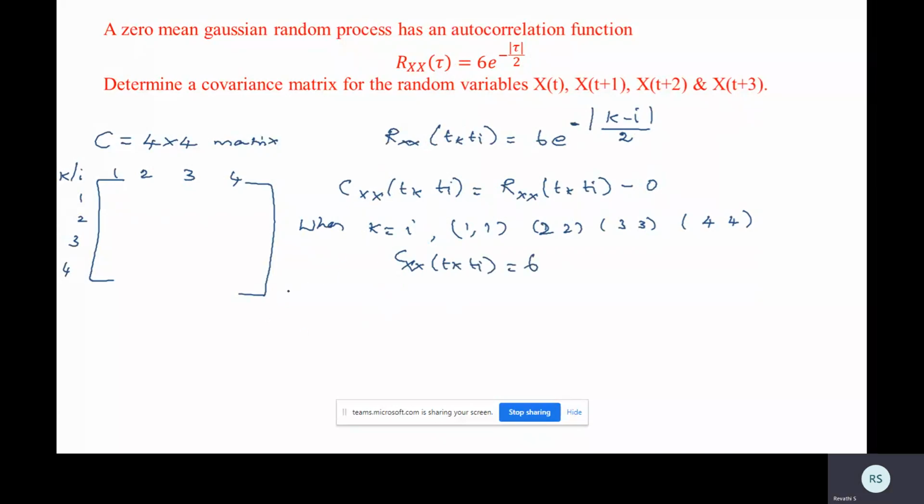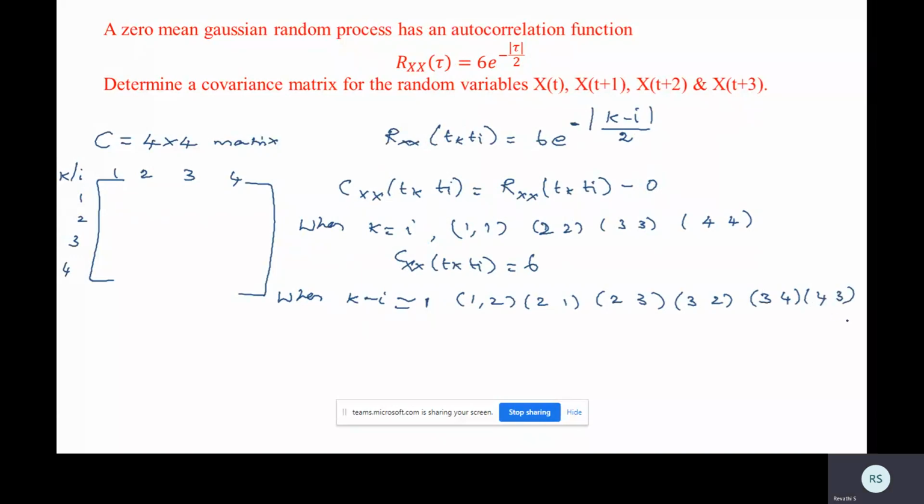What is the second case? K minus i difference is 1. So what are the instances? You can see here 1, 2 or 2, 3 or 3, 4. So it can be 1, 2 or 2, 1, 2, 3 or 3, 2, and similarly 3, 4 or 4, 3.